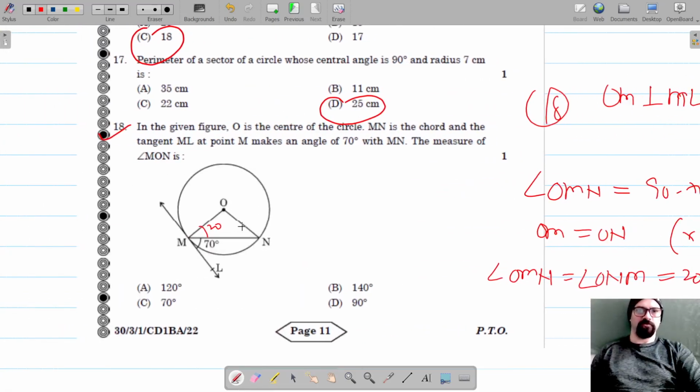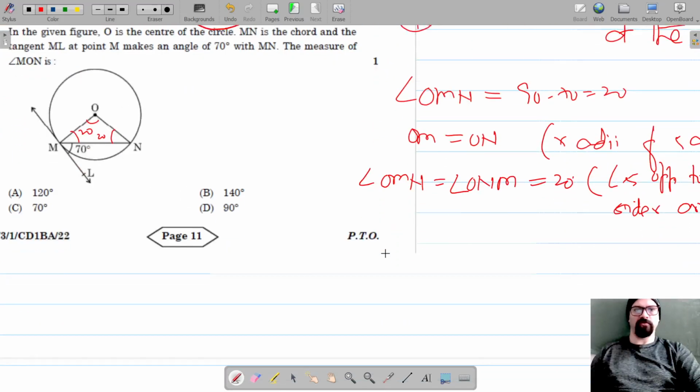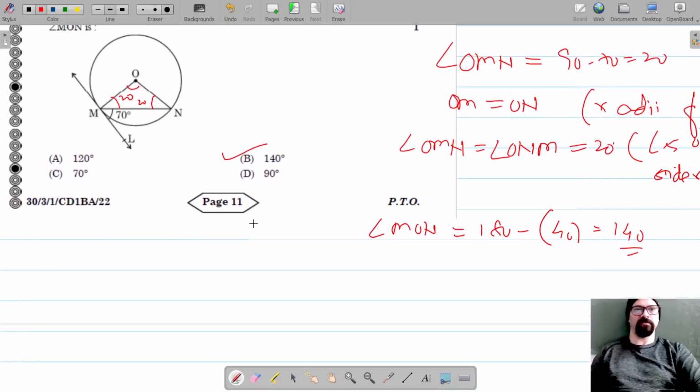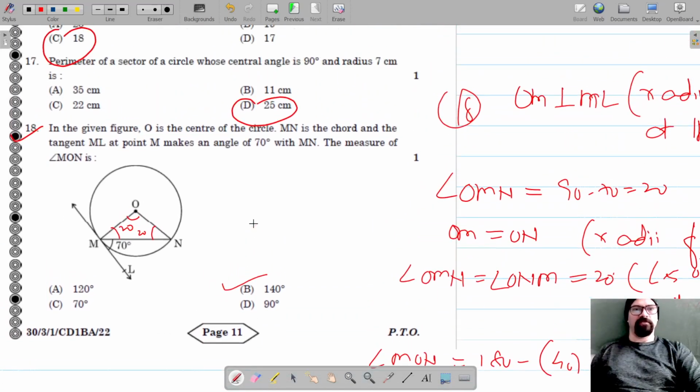We have to find angle MON. Using the angle sum property, angle MON is equal to 180 minus the sum of the other two angles, which is 40. So this is 140 degrees. So B is the correct option.